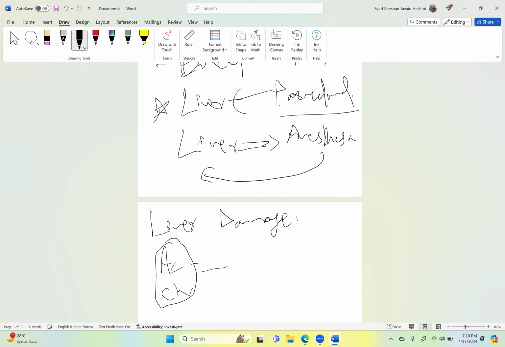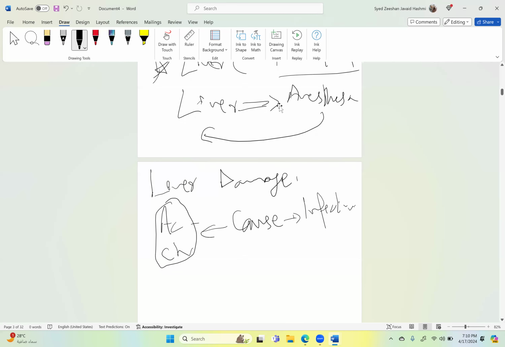Then you will have to look at the cause of that damage. Maybe acute or chronic, and also you should be thinking whether it is some infective cause or some inflammatory cause. There are so many causes of liver damage. Even problems in kidneys and problems in heart can also lead to liver impairment. Okay, so you will be looking at the cause and the damage.